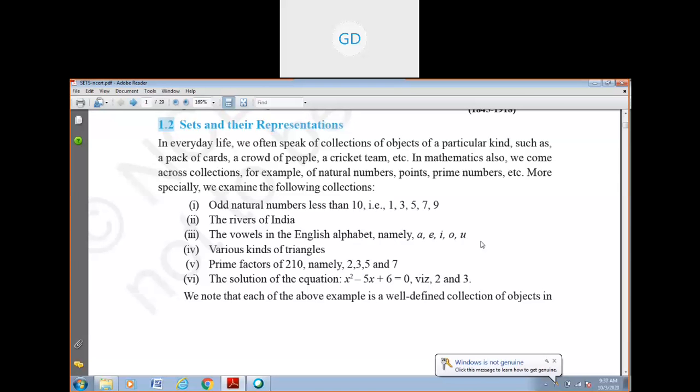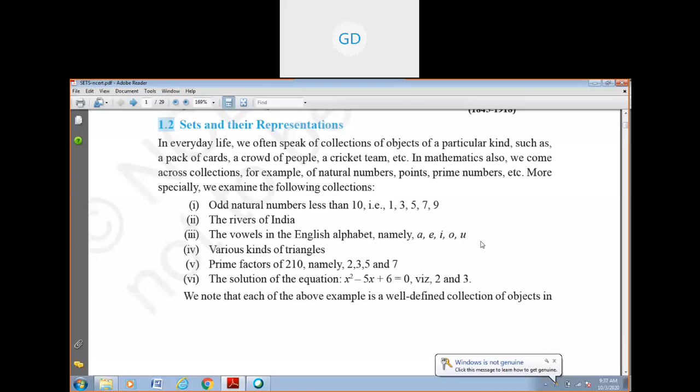Now we come to some collections which are not set. There are some collections which we cannot say as set. Like, say, collection of new Hindi films. Collection of new Hindi films, it is not a set, because which is a new film and which is an old one, you cannot define it.